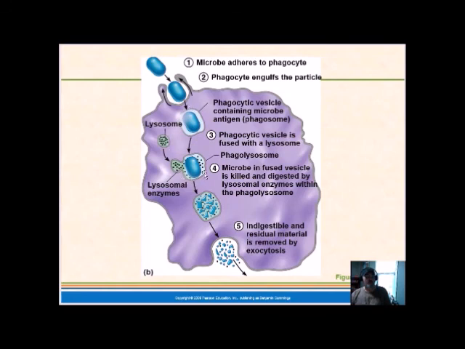Lysosomes merge with vesicles that have something in them and break it down, and then the part that it can't digest, it spits out onto its surface. And this becomes important in our acquired immune system, because these are antigen presenting cells. These materials that could not be digested are the antigens that our immune system can then develop a protection against.